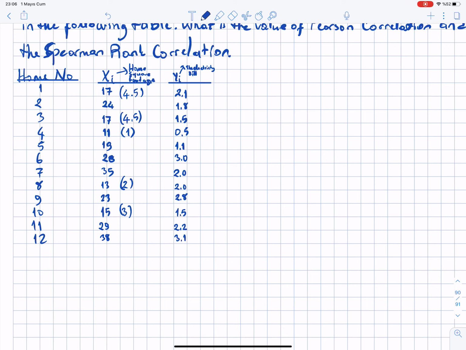When you have a tie, you average the ranking. And the sixth value is 19, so this is 6 because 4 and 5 are given.